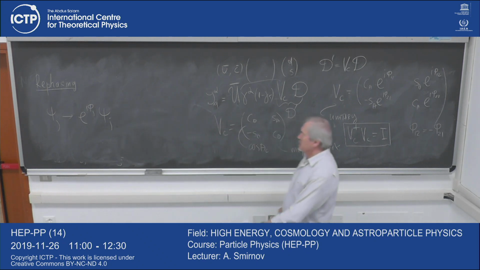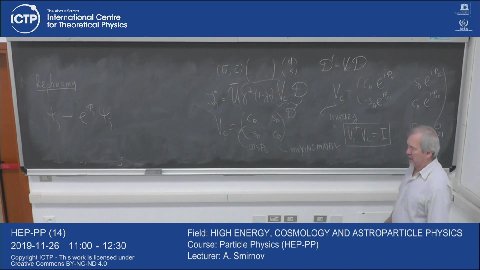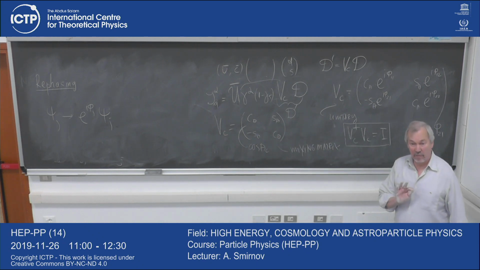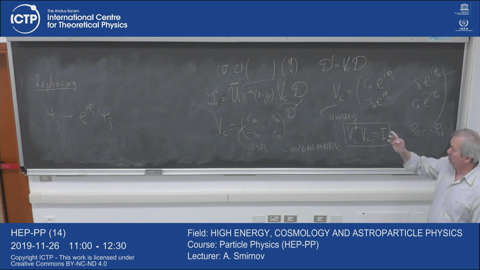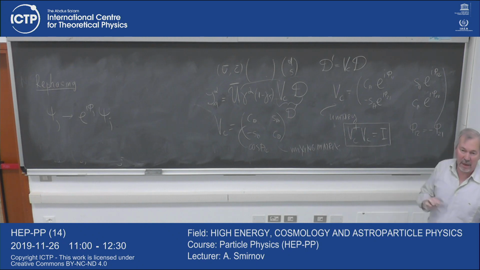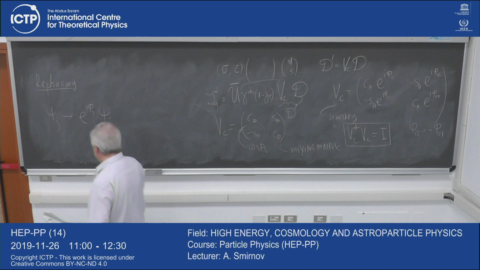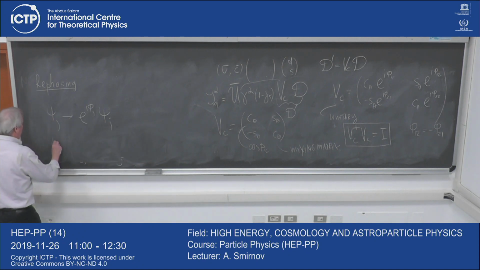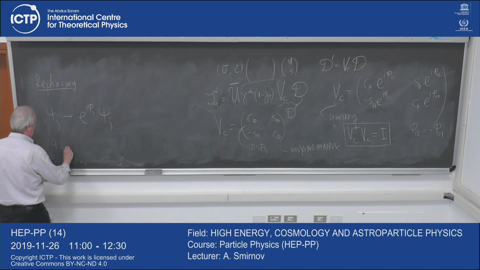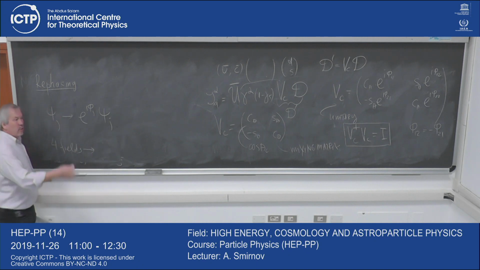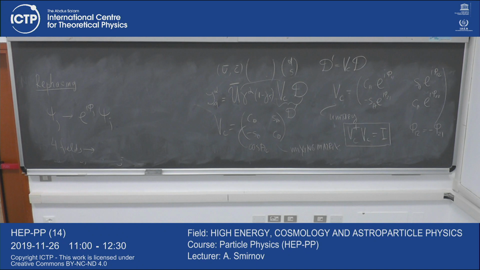So, what is the freedom for this rephasing? We have 4 fields involved here, right? So we have U, charm, D, and S fields. So we can introduce 4 phases, doing rephasing of 4 fields. So we have 4 fields, and we have freedom to remove complexity from our theory, doing rephasing.